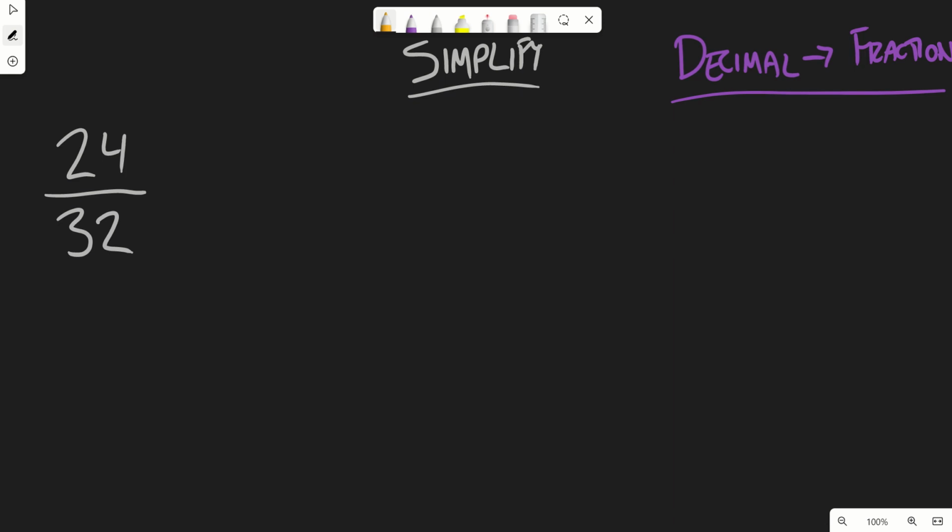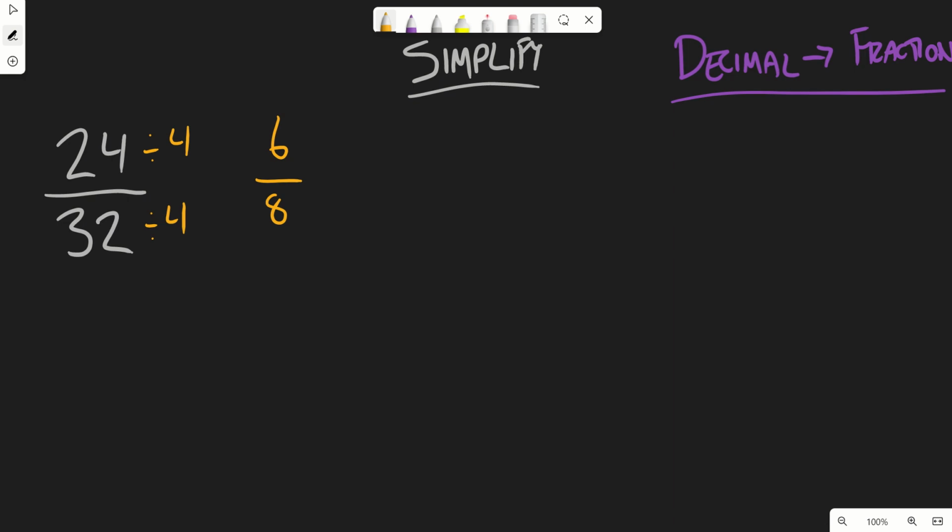Those can both be divided by the same number. What number can 24 and 32 both be divided by? Well, they can both be divided by 4. 24 divided by 4 is 6, and 32 divided by 4 is 8. That would give me 6/8.